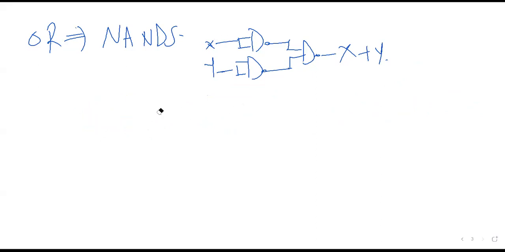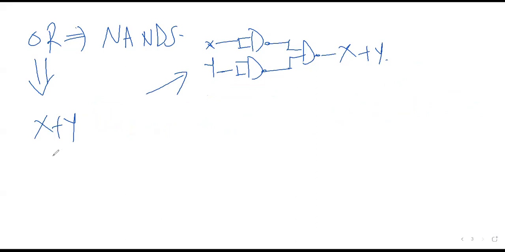Let me start again. How do I come up with the logic diagram of this one? How do I get there? What does an OR gate represent? It's the same as the expression x plus y.